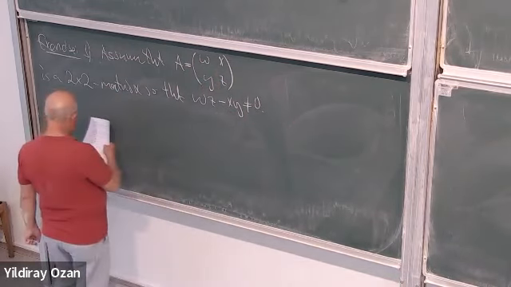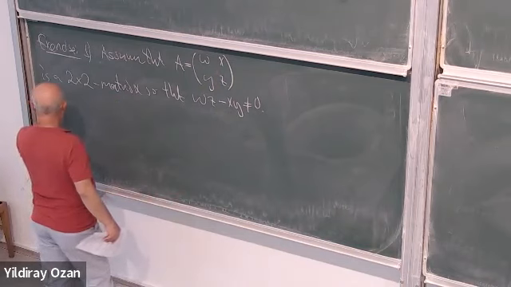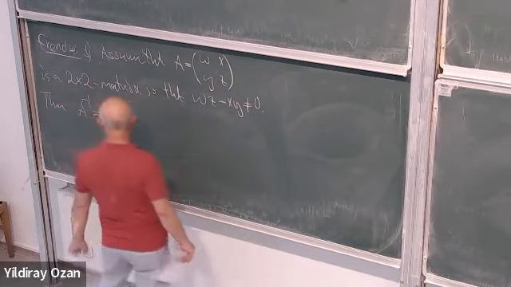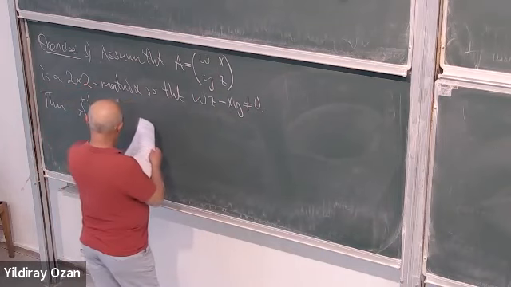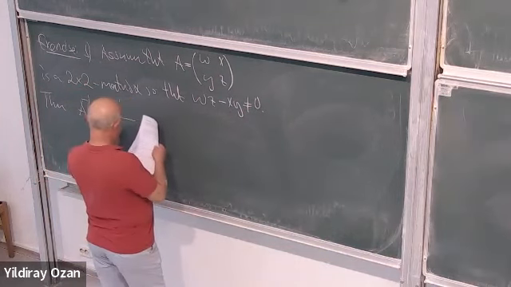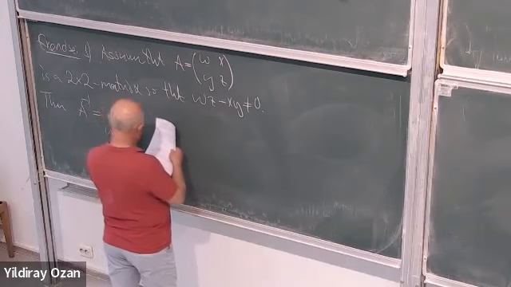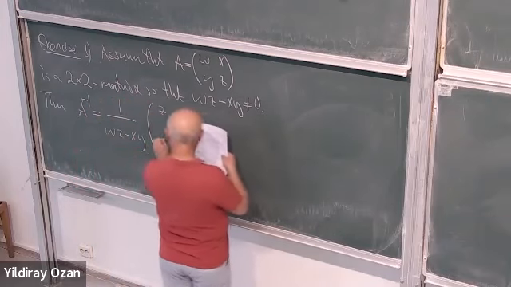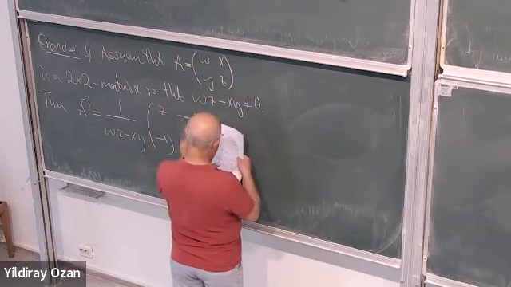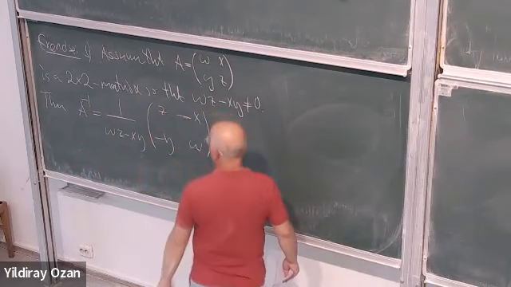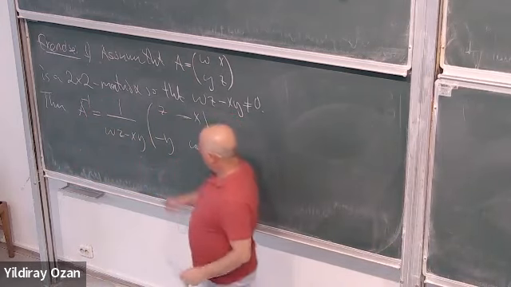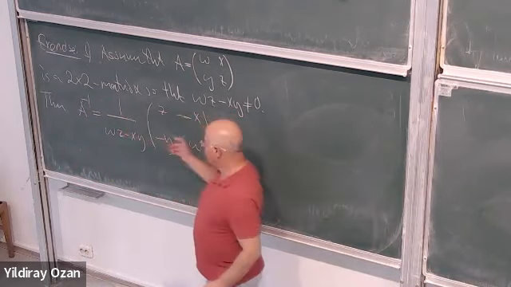Then A inverse is equal to the following: 1 over WZ minus XY, times the matrix Z, minus X, minus Y, W. So A inverse is this matrix. We have this real number multiplied with this matrix.